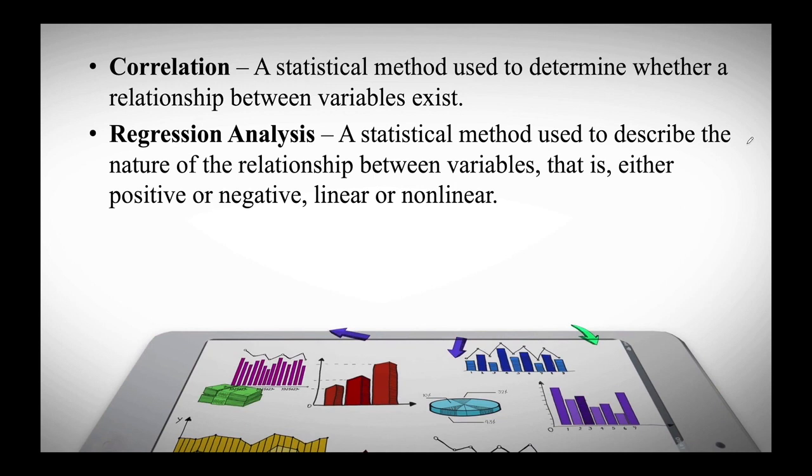Positive ba yan? Or negative? Perfect positive, perfect negative, something like that. So that is for regression, or it can also be linear or non-linear. So, si regression analysis, it is describing the nature of their relationship.